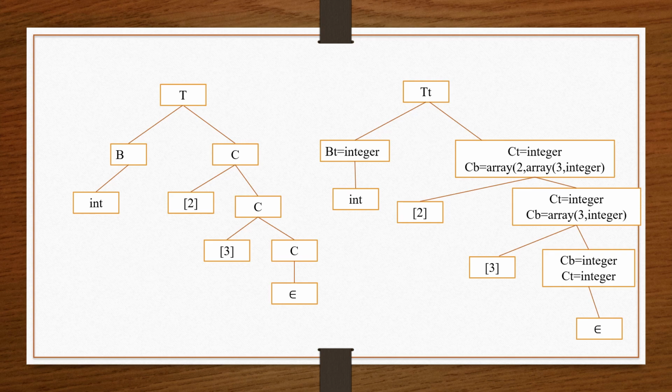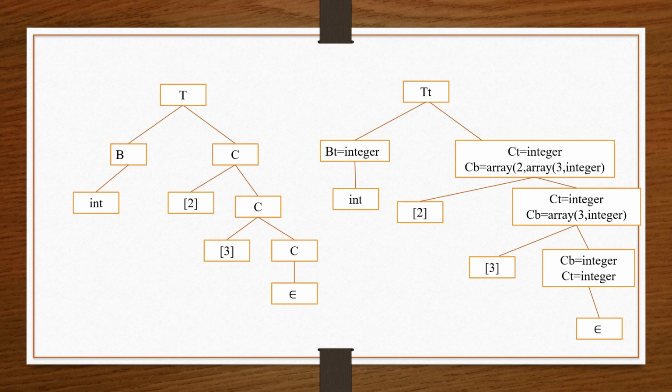Now let us consider the example integer 2 of 3. 2 of 3 means how many rows? 2 rows, and how many columns? 3 columns. And what is the type here? Integer. I mean a two-dimensional array. In C language we want to represent a two-dimensional array. Therefore, let us construct the syntax tree, the left one. What is the start symbol?